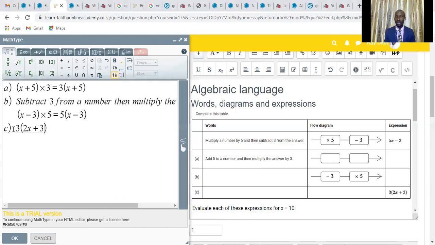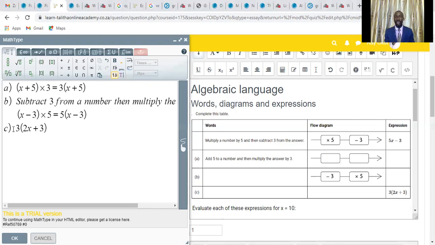And now what are we supposed to do? Well, we are supposed to get the expression in flow diagrams, then later in words. We could start with the words. Notice that when you are required, for example, to say this in words, the first step is to look for the unknown, the letter.